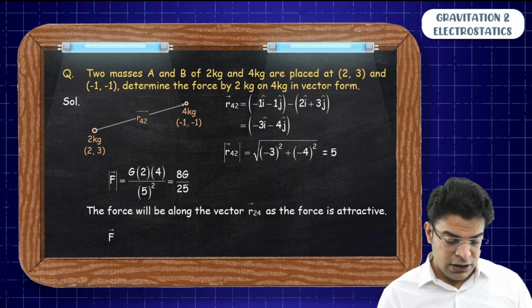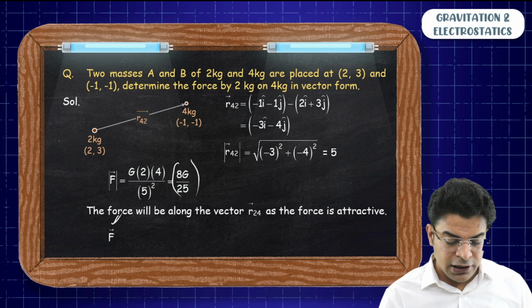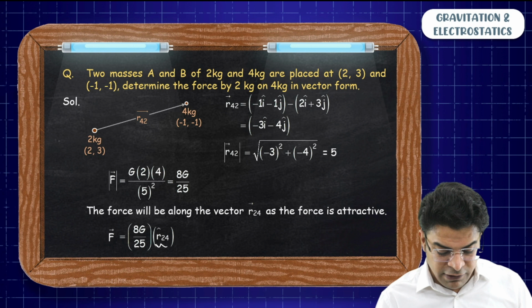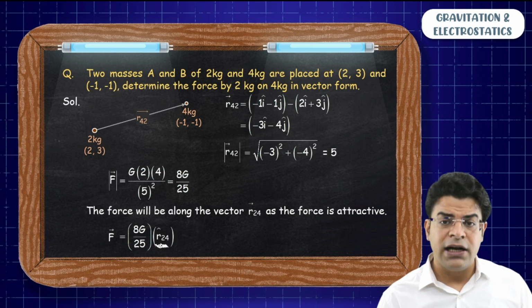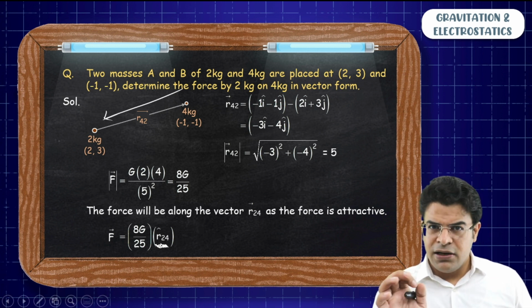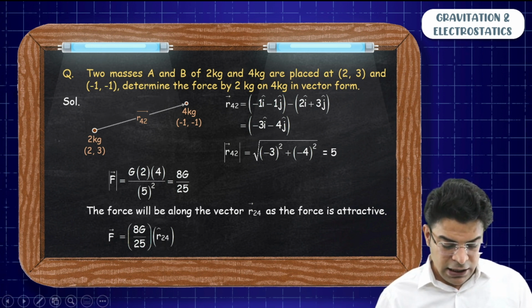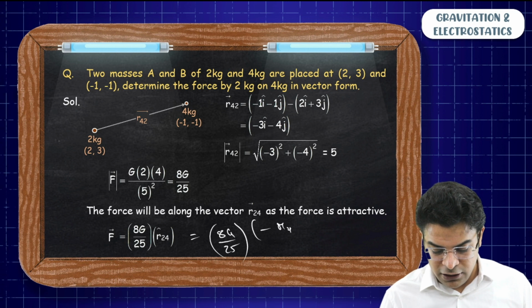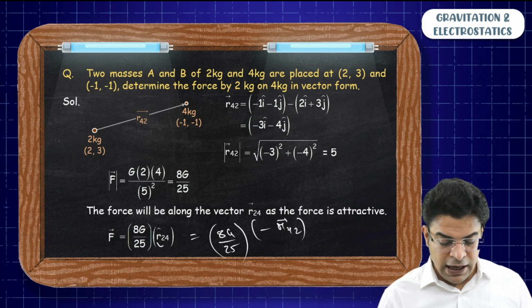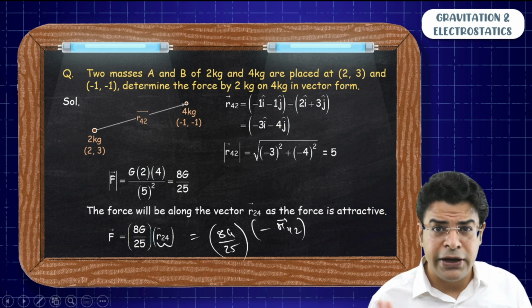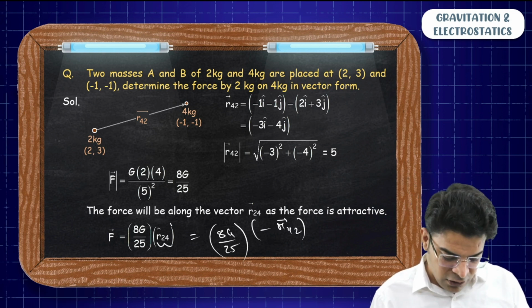So we can say the force in vector form will be the magnitude of force, 8G by 25, multiplied by a unit vector in the direction of the vector from 4 to 2. Here you can see I haven't placed the minus sign. I could write the same thing as 8G by 25 multiplied by minus times a unit vector from 2 to 4, but I have written from 4 to 2 directly without using the minus sign. Personally, I do not like negativity in my life, so I write it without the minus sign.